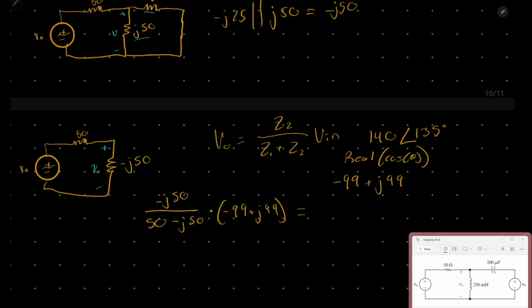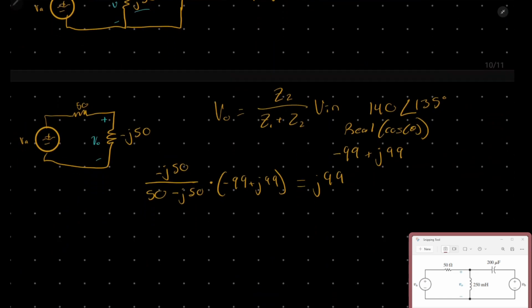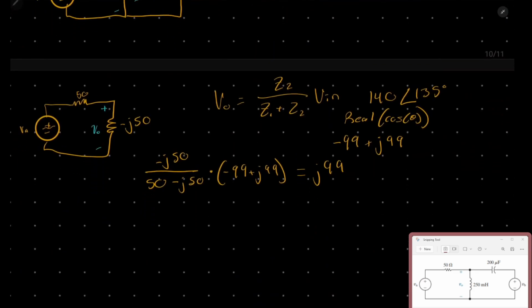And then we will simply plug this into our calculator. So we get a value of j99. So now what we're going to want to do is convert this into polar form. Now if you have a TI-84 Plus CE, you can do this really easily by taking the answer that you got, your 99i, which if you haven't noticed, there's no j on the calculator, so you just use i.